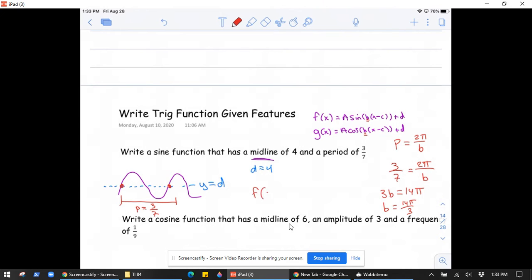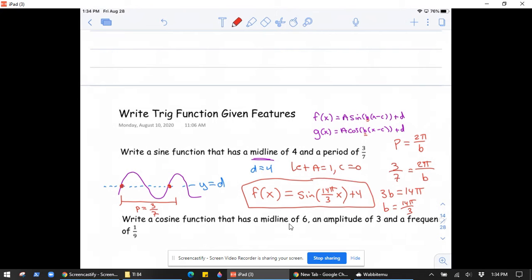Let's write it as a sine graph. f of x equals 1 sine, our b value is 14 pi over 3, times x minus c. It's x minus 0, so we can just write x. And our d value is 4. So that's one option. Any option using sine or cosine with this b value and d value will be fine. You can do a shift or change the amplitude, but this one will work.